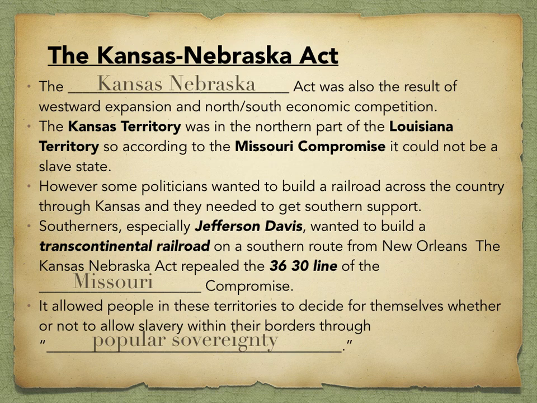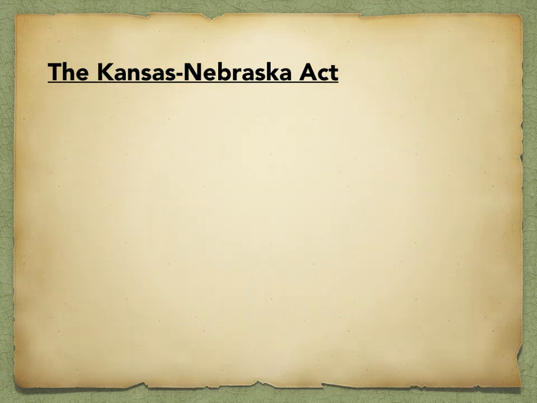So again, the Kansas-Nebraska Act repealed or took back the Missouri Compromise, which was that 36°30' line on the map that said slavery could not be above that line, and it allowed people in the territories to decide for themselves whether or not they were going to allow slavery. This presented a huge problem, and the North was not very happy about this particular act.